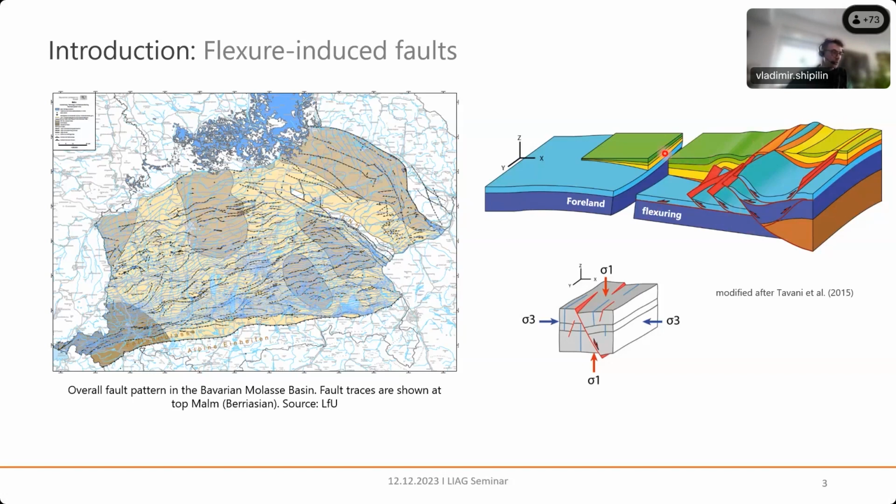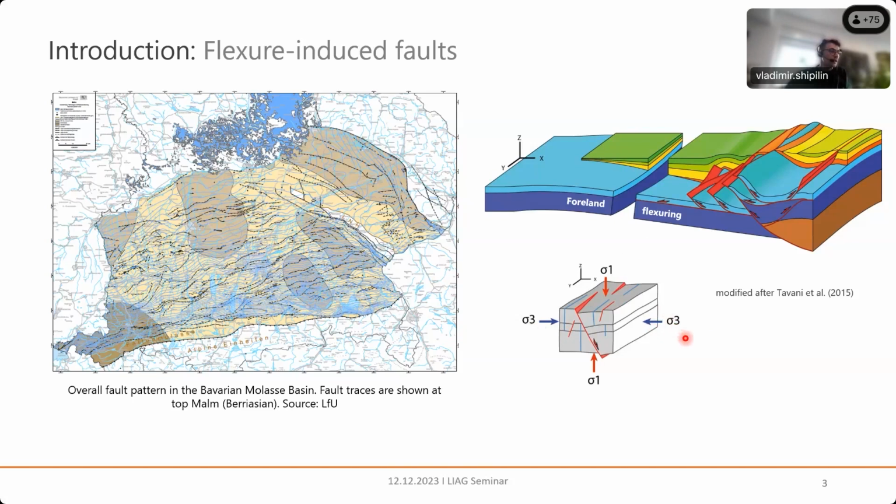Within the distal foredeep, which is this area on this illustration, the vertical stresses superseded the horizontal stresses, whereby the minimum horizontal stress attained the orientation which is perpendicular to the basin axis and parallel to the thrust propagation. As a result, in the distal foredeep, we get the formation of normal faults that strike parallel to the Alpine orogen.